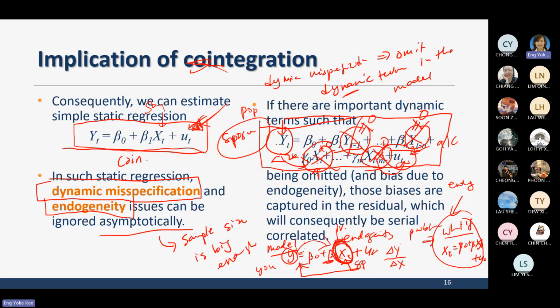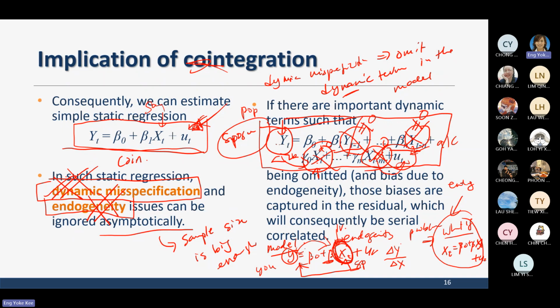Okay, now the good news is that if there is a co-integration between these two variables, econometric problems like this and like this can be directly ignored. So when you go to FYP presentation, your examiner asks, I think your model omits an important variable, I think you have the endogeneity problem.